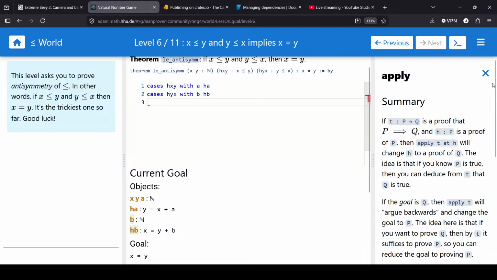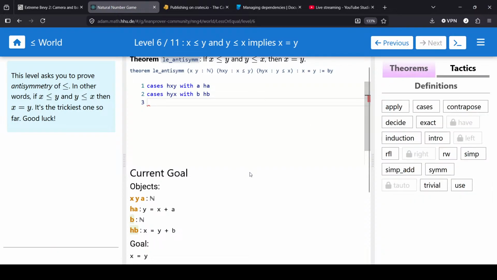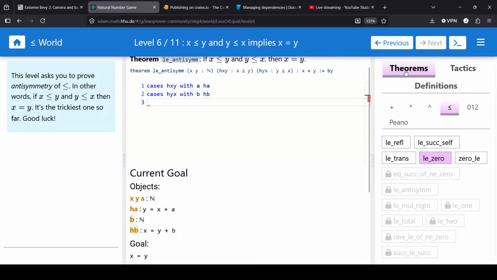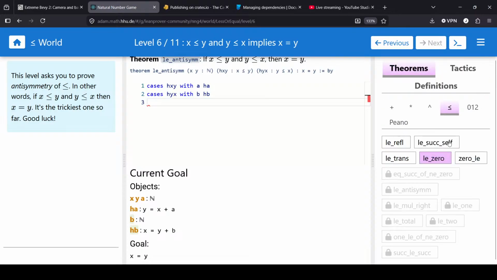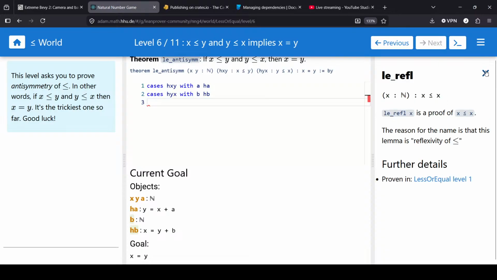I have no idea. I have absolutely no clue. I guess I have things that I might be able to use now. I don't know about that one. That's reflexivity, maybe.